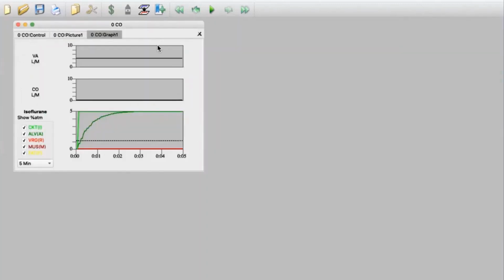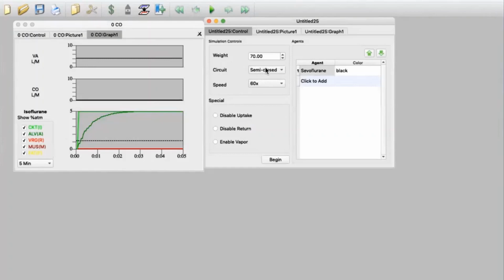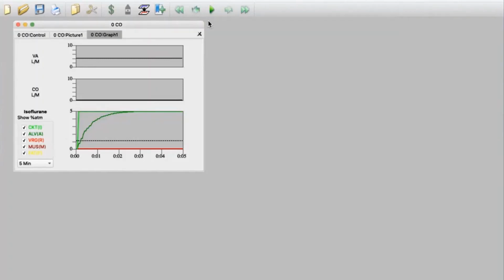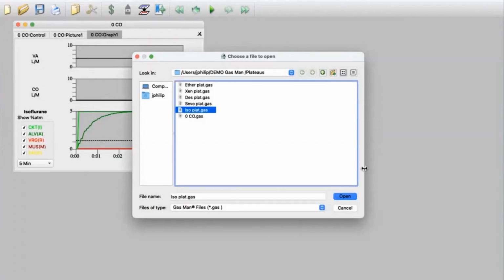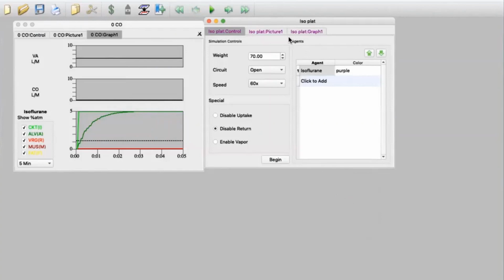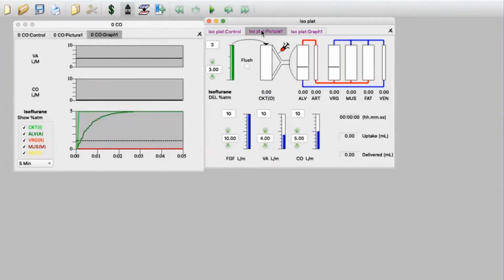We then can look at the next simulation, which will be for isoflurane looking at the plateau height. You'll see what I mean by that in a moment. So isoflurane, again, in an open circuit. We're going to look at a picture, and we're going to watch it rise and stop going up.